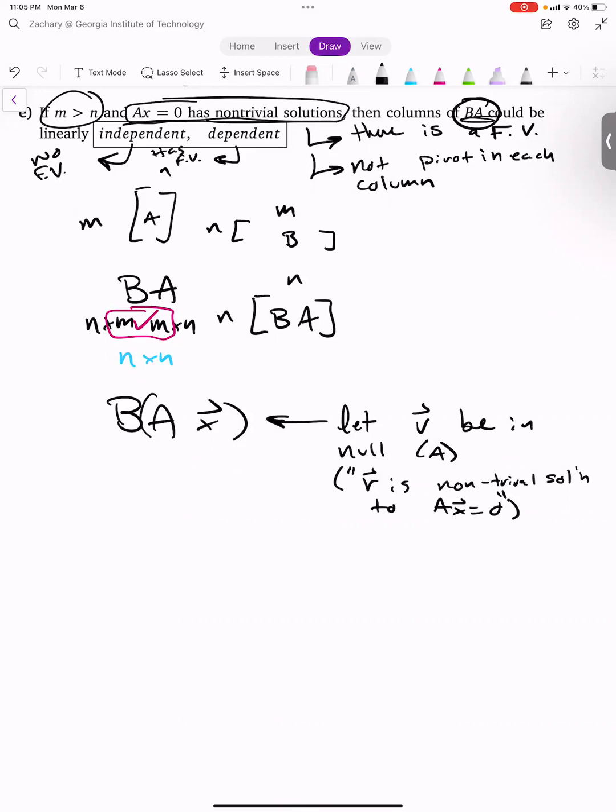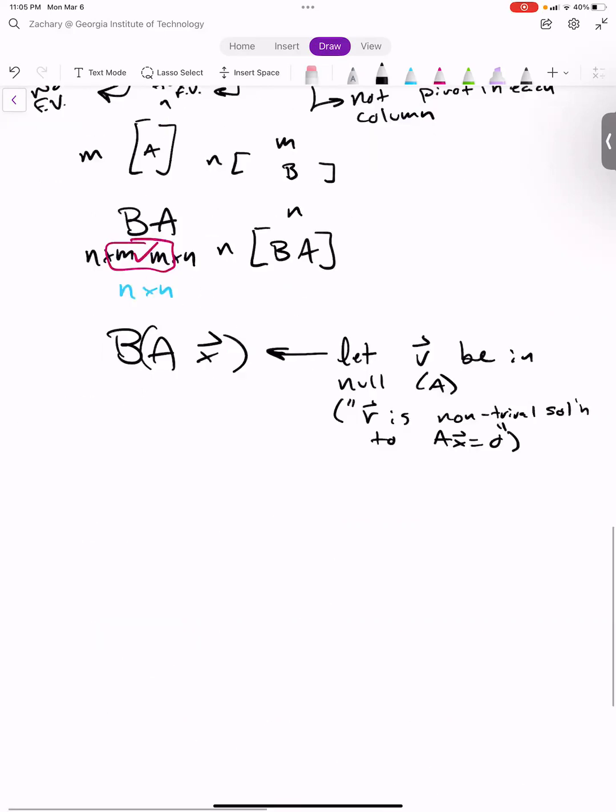And now we're talking about null space, not column space, so we can't use those equations that we've talked about in the last couple parts.